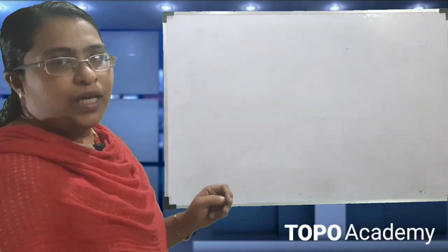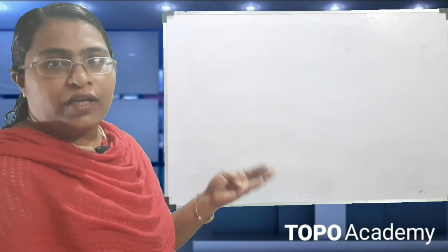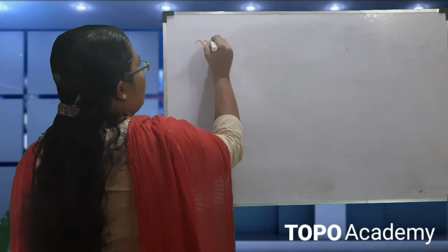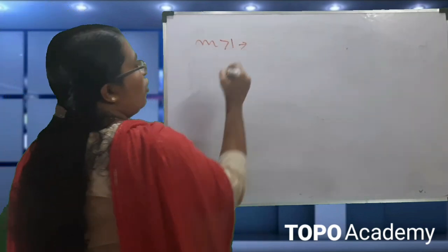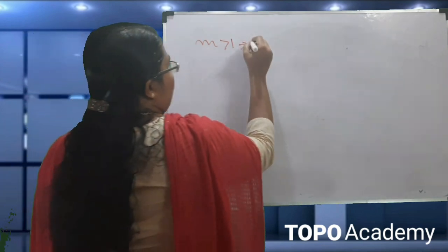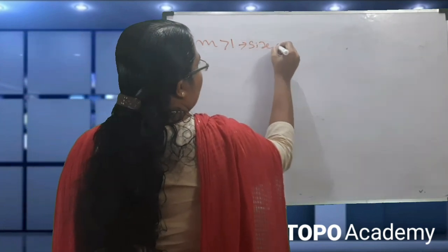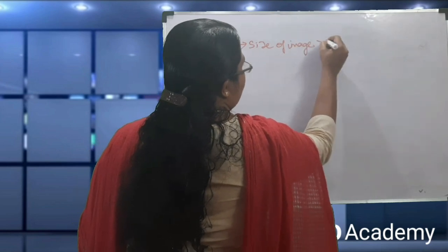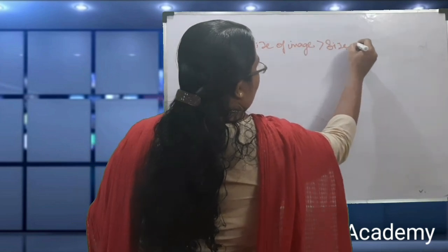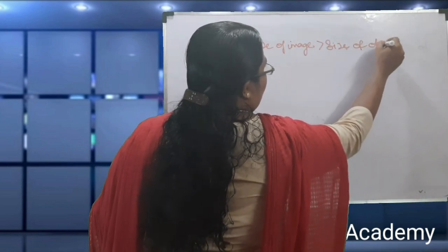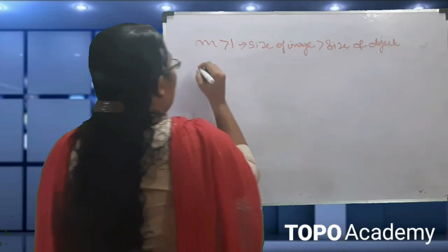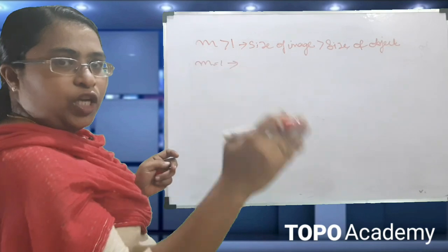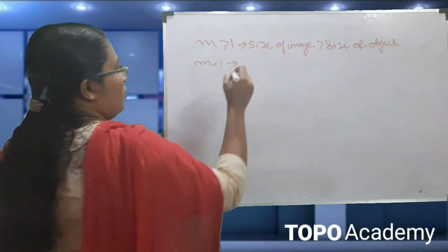Next we have to see when magnification is greater than 1, equal to 1 or less than 1. If magnification is greater than 1, that means the size of the image is greater than the size of the object. If M is equal to 1, the size of the image is equal to the size of the object.